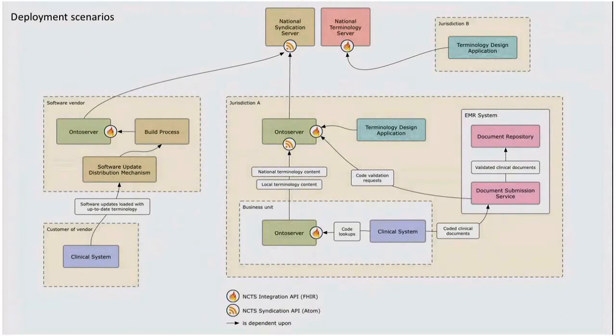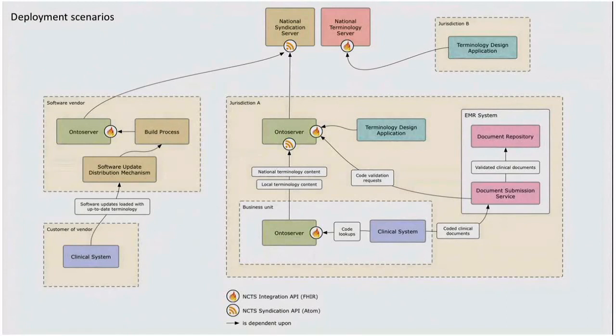Just off to the right-hand side there, you might have a team developing concept maps between something like AMT substances, for example, and their equivalent in their own code system, and then saving them back to that Ontoserver instance. Those concept maps may be authored using Snapper or some other FHIR-based mapping tool.